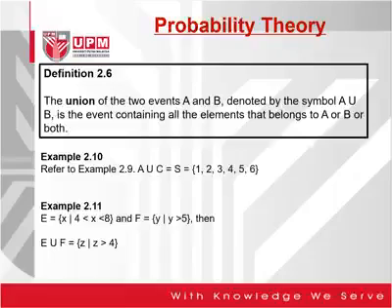So you will get the union of the two events A and C. If you refer to example 2.11, we have event E and event F. Event E is the numbers between 4 and 8: 5, 6, 7. Event F is greater than 5. When we combine the two, you will get the event where the value is greater than 4. It means that we group them, we merge them into one case.